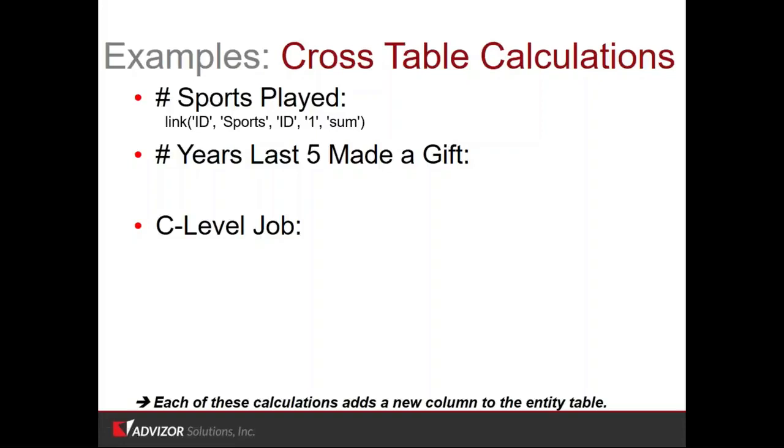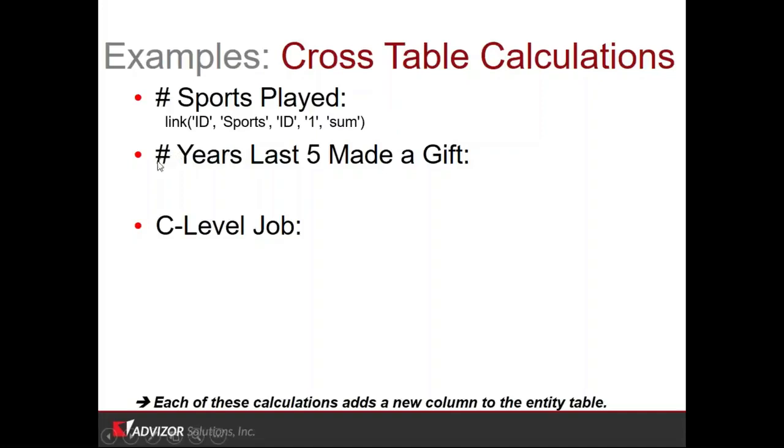For those of you who know database query language, you can obviously do this in the database, but this is a sort of sandbox environment where, again, anybody who can write Excel macros can write these kinds of things, and it's just not a hard expression. So now you have a factor in the entity table synthesized from the student sports or activities table that has this number of sports played.